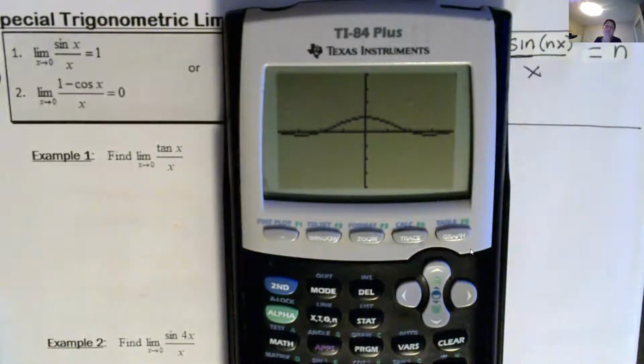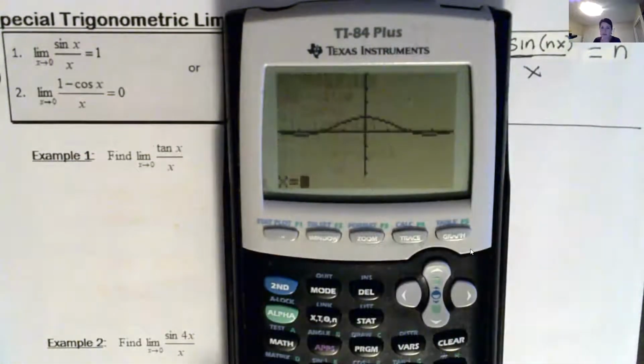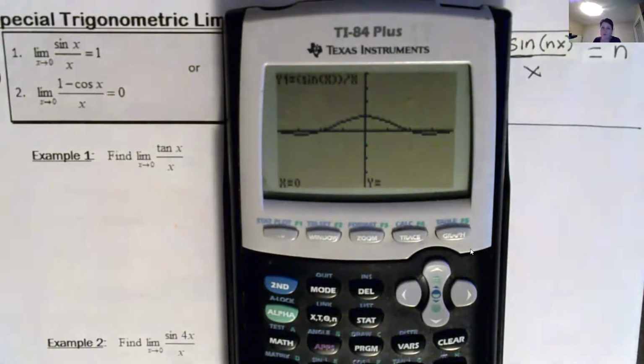If I immediately try to plug in 0 into sine x over x, I'm going to get 0 divided by 0, that indeterminate form. So we already know that if I were to try second trace and value at 0, we're going to get a blank. There is no value there. The graph is pretty clear. It looks like it's approaching 1 on either side of 0.